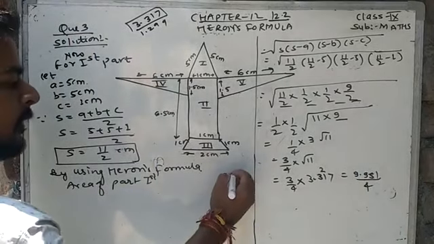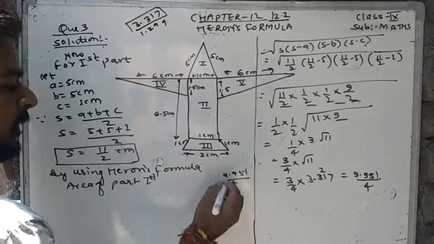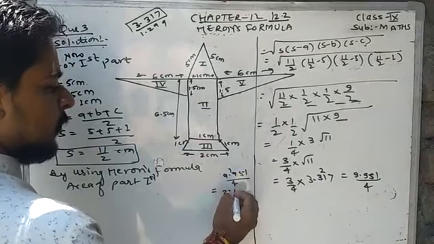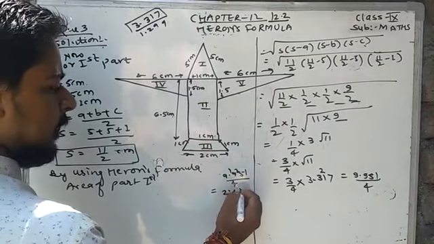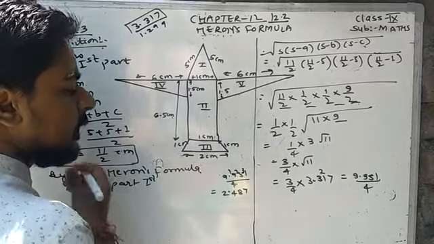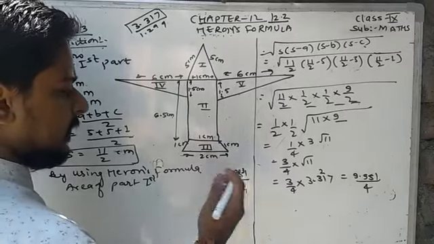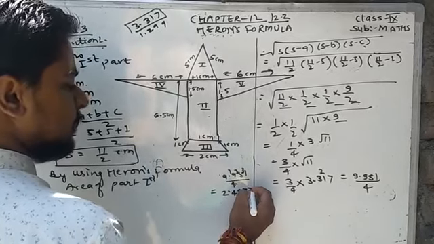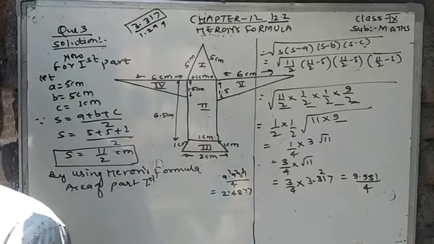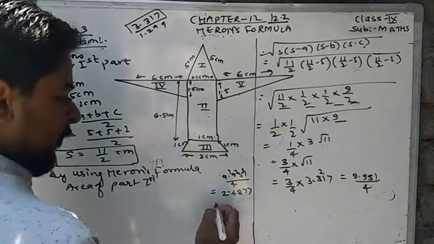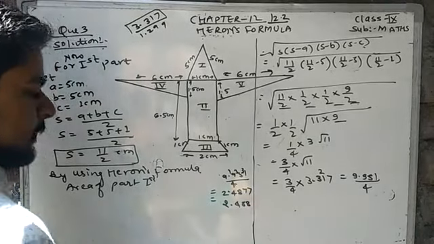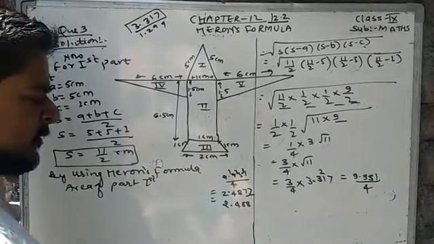If we divide 9.951 by 4, we get approximately 2.487, and rounding the approximate value, it is 2.488.